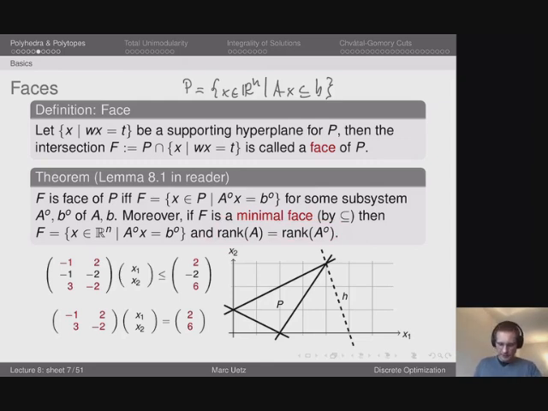So here in the example in R2, taking a maximal number of linearly independent rows will always be 2 rows of the inequality system, which will actually define the vertices or the corner points of this polyhedron, right? That will be the intersection of these two lines, and these two lines. So that would be the maximal linearly independent subsystems, which define the minimal faces of the polytope.